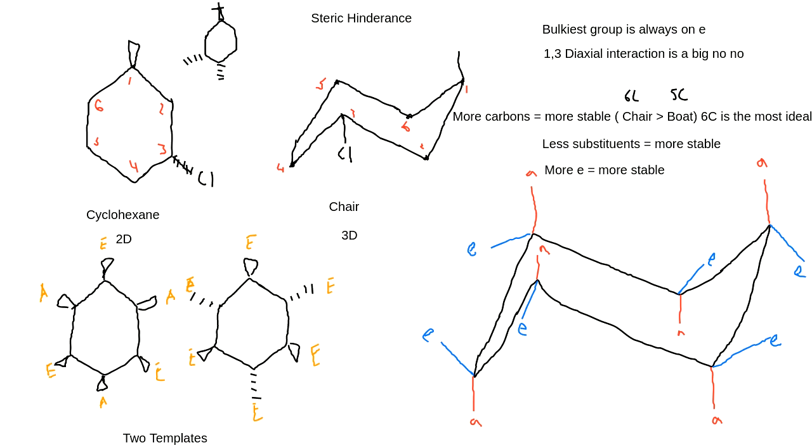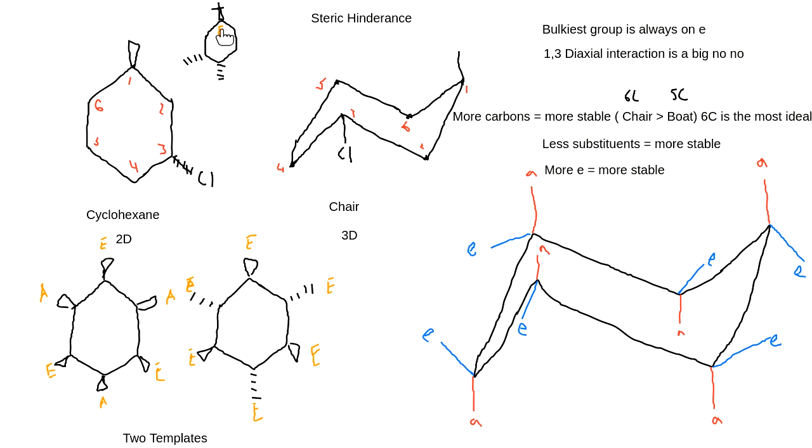And I haven't quite gone over that, but maybe in the next week review, I'll discuss more about chairs, Newman projections, and Fischer projections. Okay, so if this is equatorial right here, it's also on a wedge, so that's perfect.